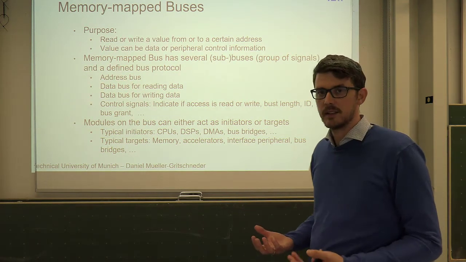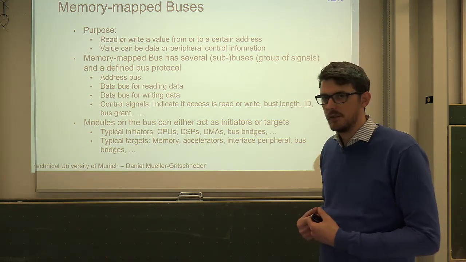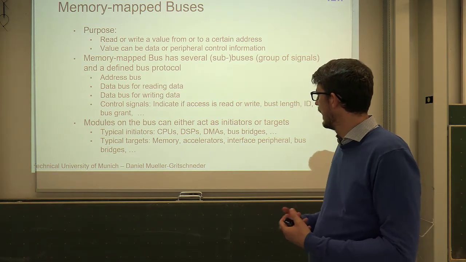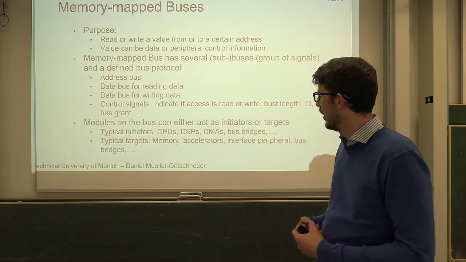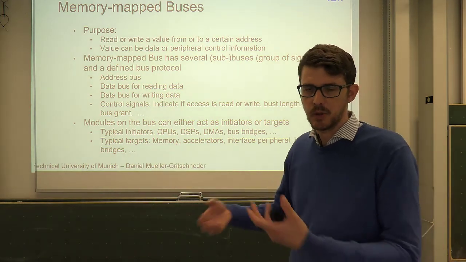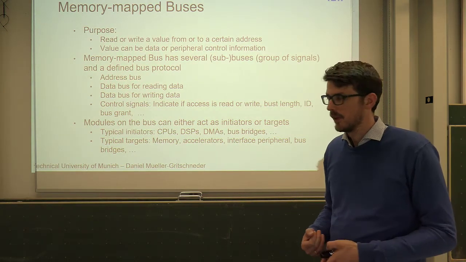Typical targets are, very classically, memories, which just store data, but also accelerators, which can do some computation for you, interface peripherals, I/O peripherals, and so on. Or again, a bus bridge can also, on the other side, be a target.